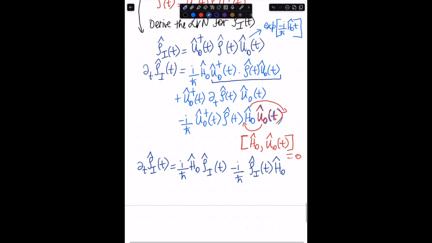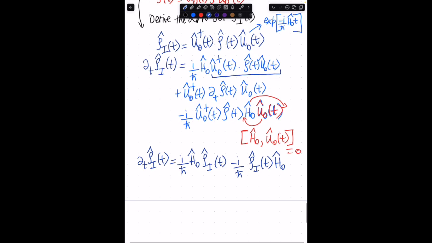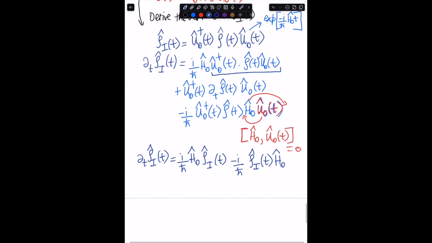So essentially, the first and third terms are just a commutator of the matter's Hamiltonian with the density operator in the interaction picture.